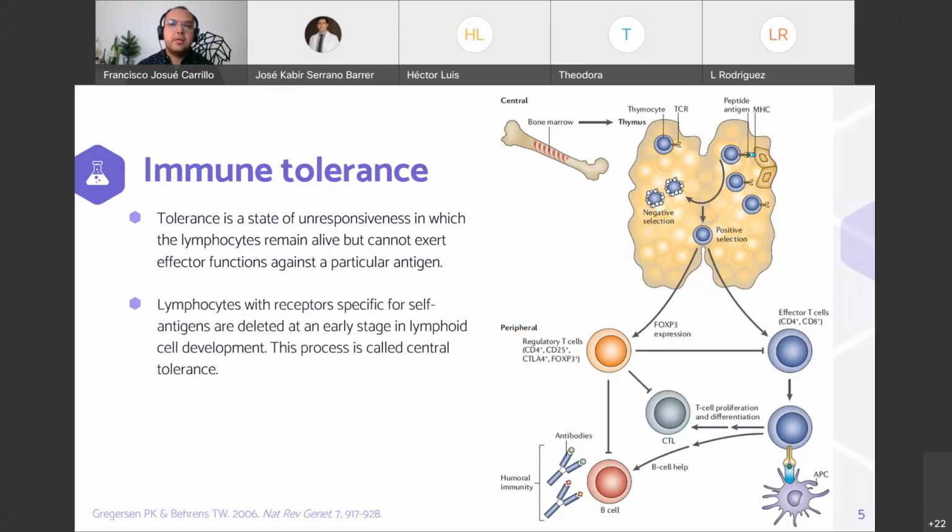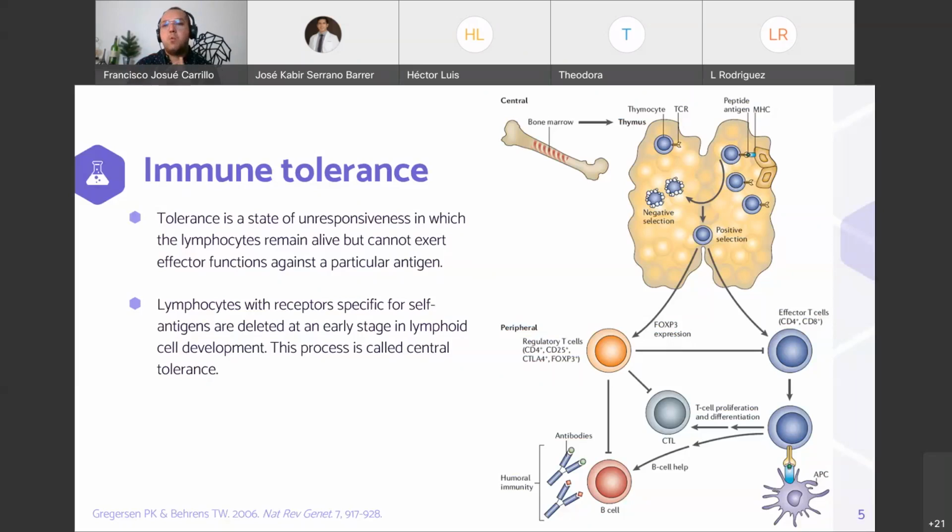These cells are continuously challenged by the epithelial cells in the cortex and in the medulla, especially in the medullary thymic tissue, and those cells that have a strong response to self antigens are deleted. This negative selection, which occurs in the thymus, is a process called central tolerance.